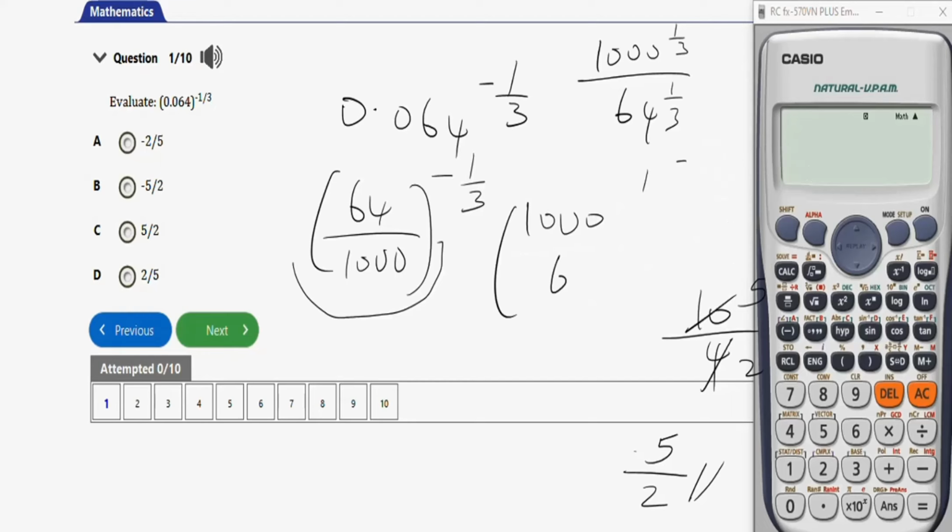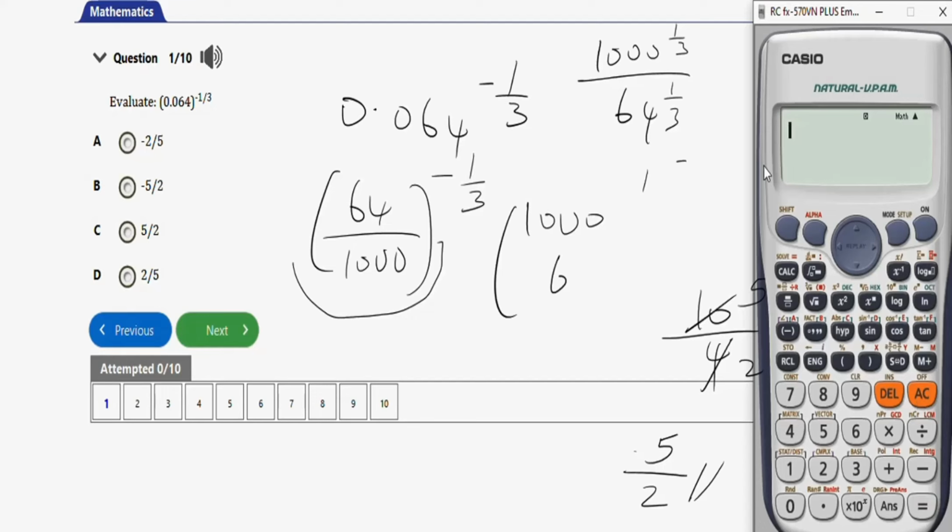Okay, so to bring that cube root, just press shift and this button. Cube root of 1000, it will give you 10. You see 10. Then if you want cube root of 64, it will give you 4. Alright, so that's it. That's the answer to this question.